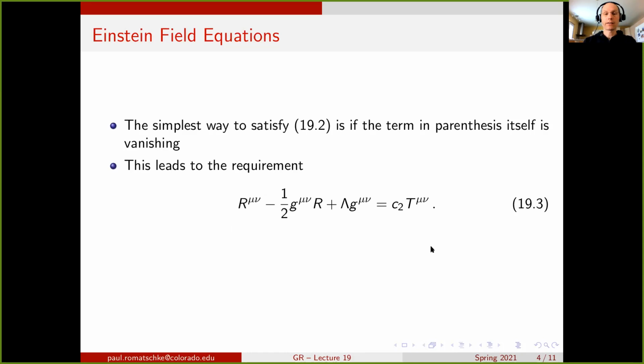If this is the case, then we find that the following relation has to be true for these two tensors. So we have, on the one hand, this combination of tensors equal to the energy momentum tensor here. And we can now proceed to study the properties of this particular requirement, which again, as a reminder, is one particular solution of the conservation law that we derived in equation 19.2.